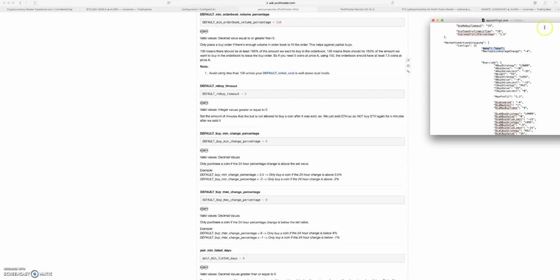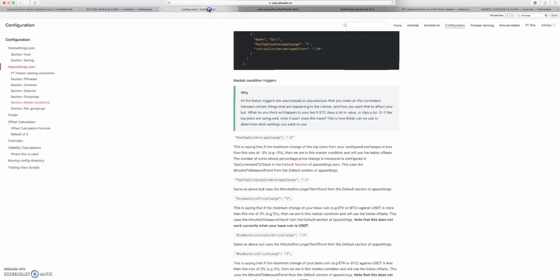You can do that in Feeder, but you can't with stock Profit Trailer. You can't overwrite your buying strategies and set and forget it. That's what's really cool about PT Feeder: you're more able to set and forget. Especially if you have good buying strategies and good settings, you'll get yourself into better buys using PT Feeder.